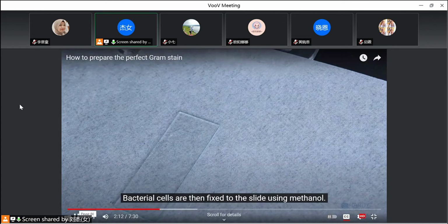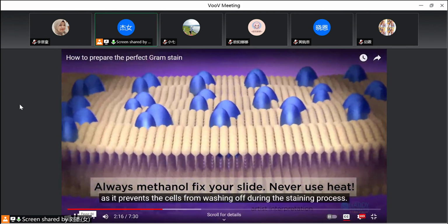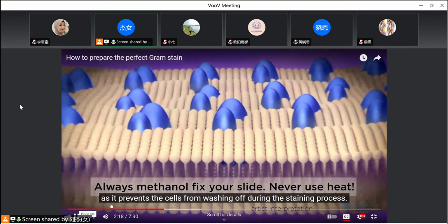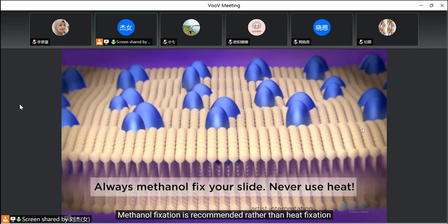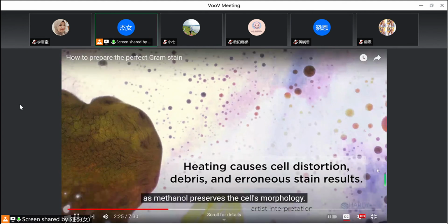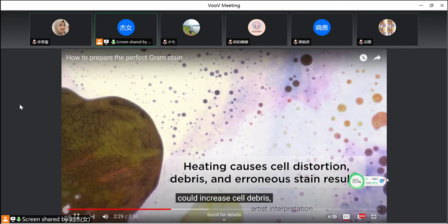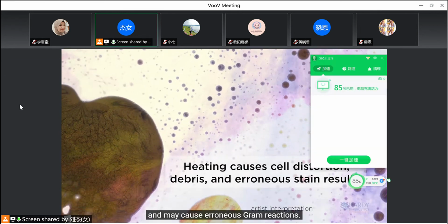Cells are then fixed to the slide using methanol. Fixing cells is important, as it prevents the cells from washing off during the staining process. Methanol fixation is recommended rather than heat fixation, as methanol preserves the cell's morphology. Heating the slide will cause cell distortion, could increase cell debris, and may cause erroneous Gram reactions.